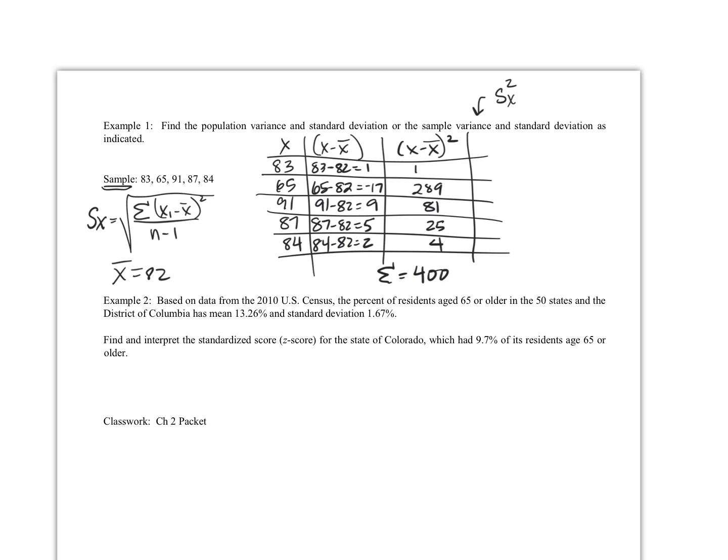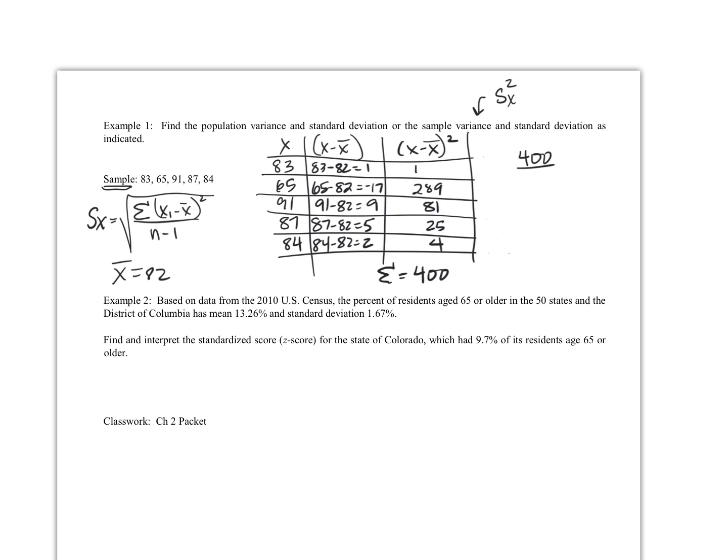Did I get that? Alrighty. Now what do we do? Divide it by what? N minus 1.